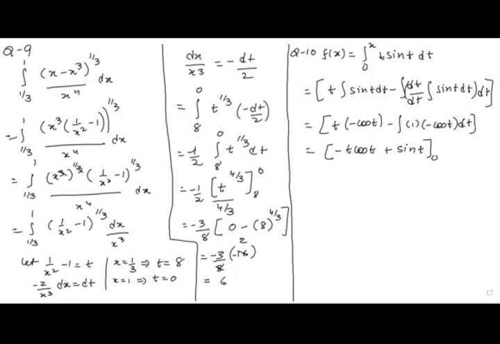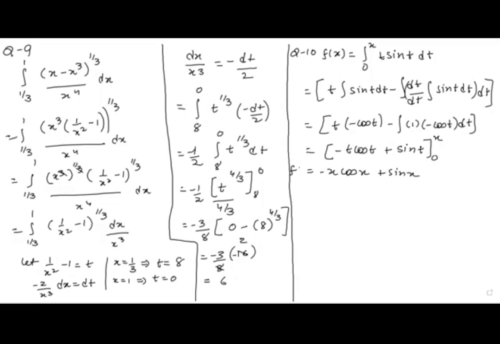Now I will keep the value, that is limits. If I keep the limit as x, I will get minus x cos x plus sin x. And if I keep 0, then that is 0 multiplied by cos 0 will give me 0 and sin 0 is also 0.